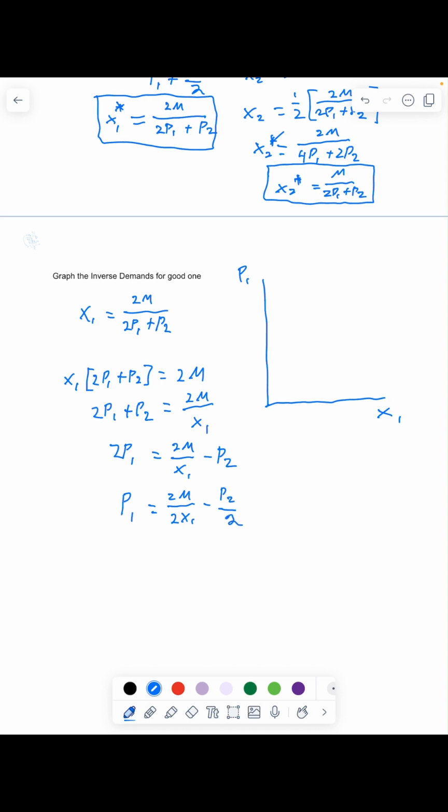That should leave us with our final function in terms of x1.